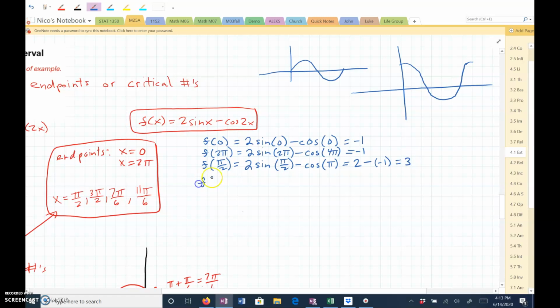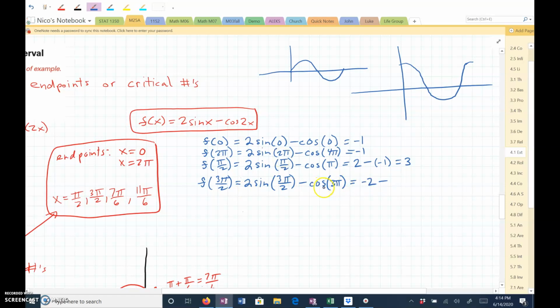Let's see, f of 3 pi over 2 equals 2 sine of 3 pi over 2 minus cosine of 3 pi. Sine of 3 pi over 2 is negative 1, and negative 1 times 2 is negative 2.